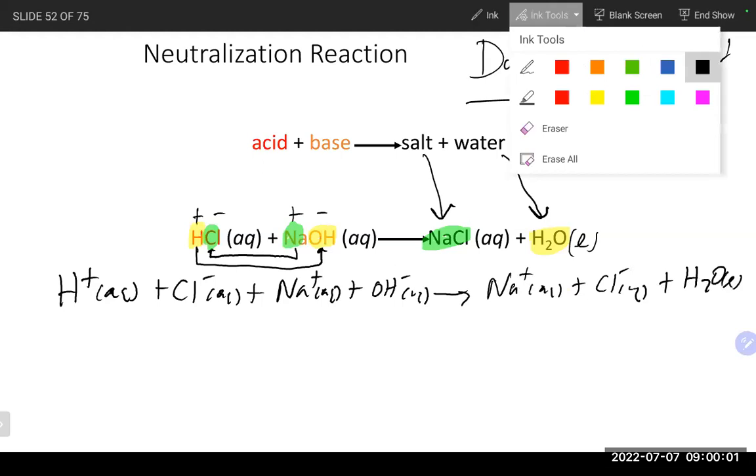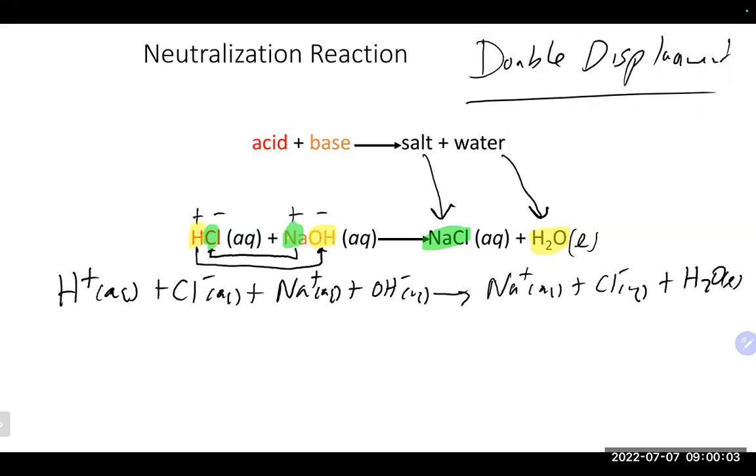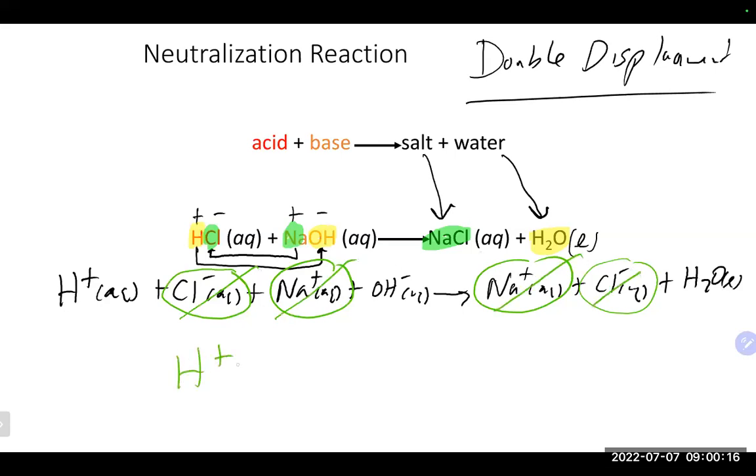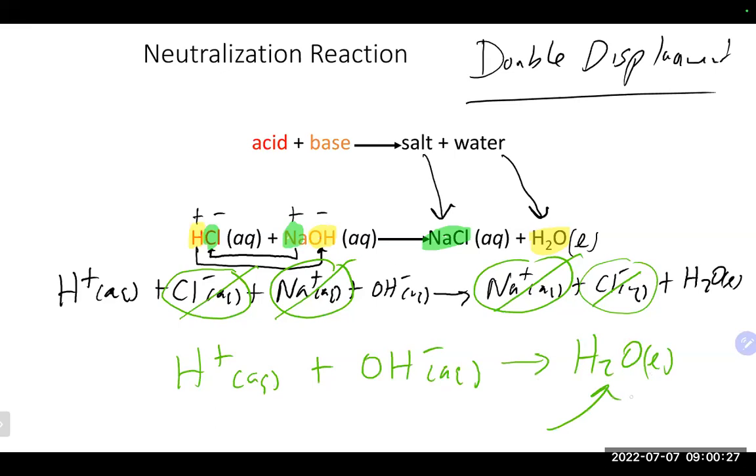When we look on both sides here, we can find our spectator ions, which in this case are the chloride and also the sodium. If we cross those spectator ions out, we are left with our net ionic equation, which is, once again, the H plus from the acid finding the hydroxide from the base, and they form our good friend H2O, which is water.